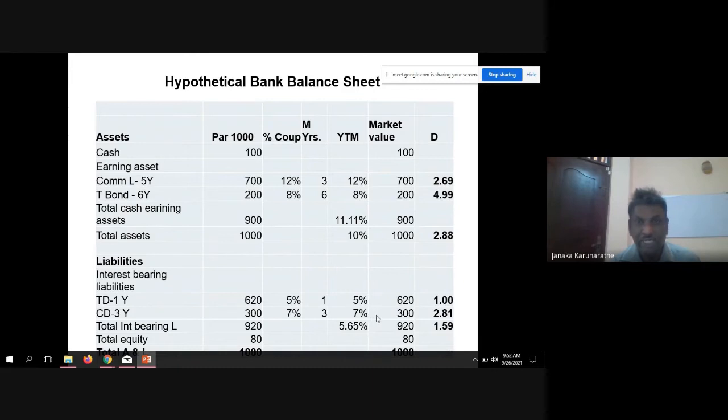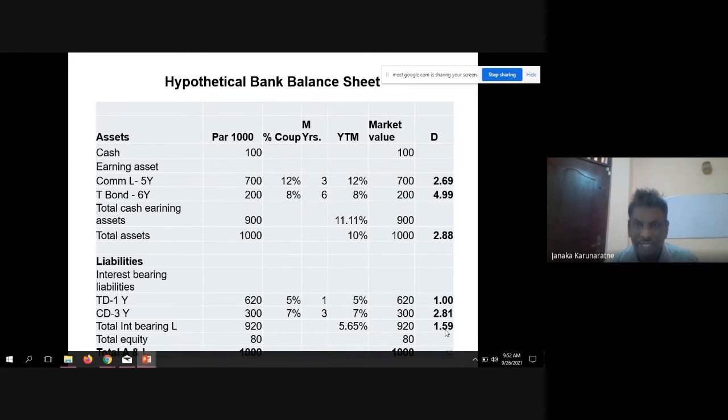If yield to maturity is 7%, simplicity, I have used the same yield to maturity. It may vary. So the market value 300. So your duration is 2.81. So the total interest-bearing liability is 920 and the equity 80. So the balance sheet asset total liabilities and equity 1000. So the weighted average duration of liabilities are 1.959, right?